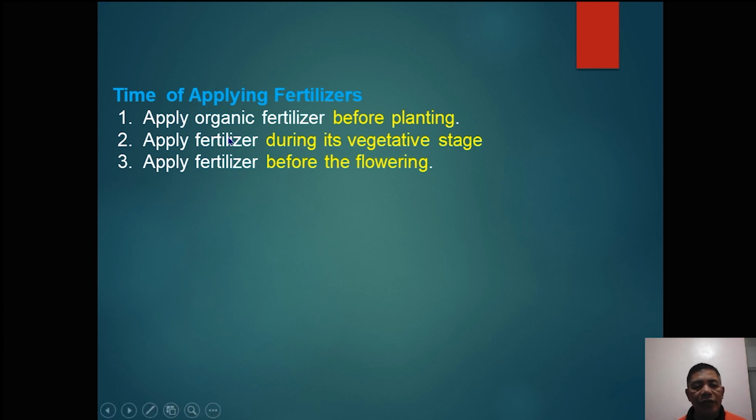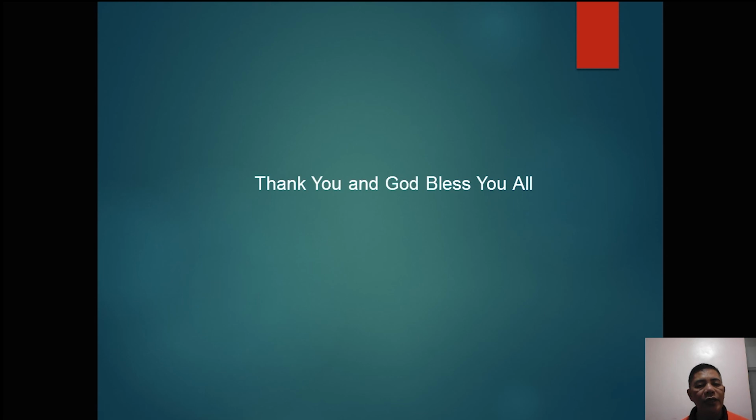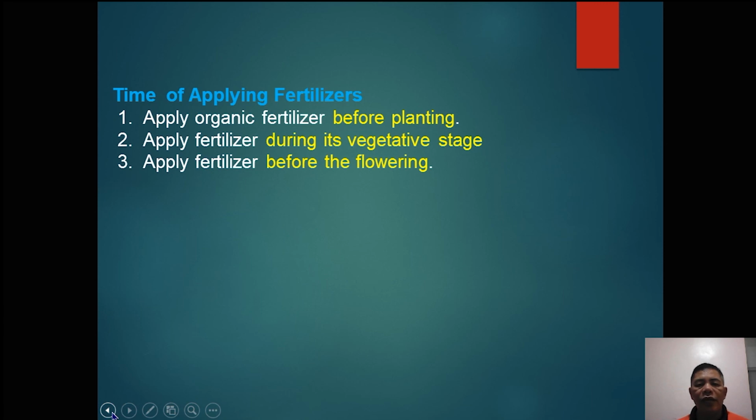That's the reason why we recommend to farmers to apply organic fertilizer before transplanting, so that application of inorganic fertilizer like urea, complete fertilizer, can be avoided because it can alter the structure of the soil, the texture of the soil.